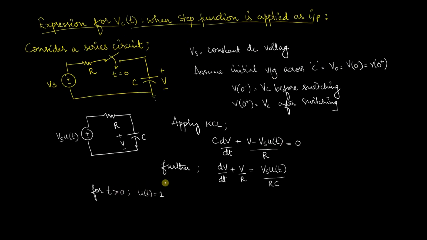So we have dV by dt plus V by RC equal to Vs divided by RC.